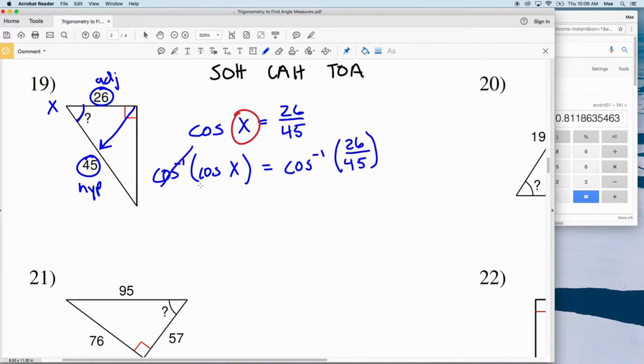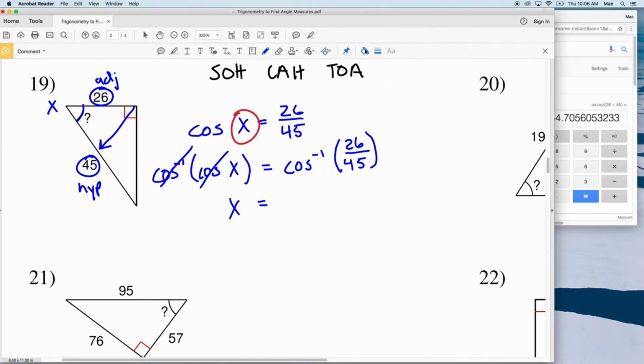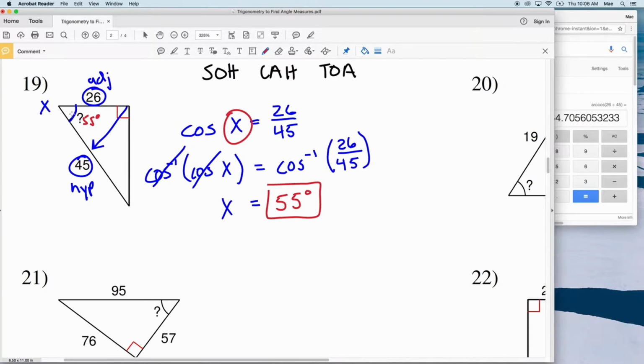The inverse cosine of the cosine of x is simply x, and then we're going to enter in the inverse cosine of 26 over 45, making sure our calculator is in degree mode, and that's going to give us 54.7, which rounds to 55 degrees for number 19. So that indicated angle is approximately 55 degrees.